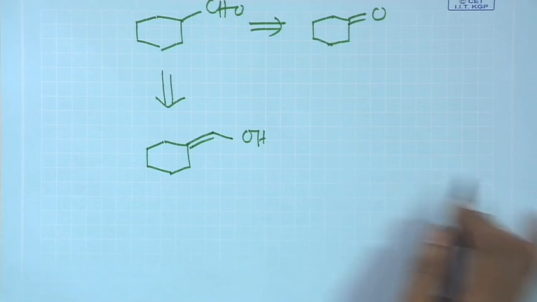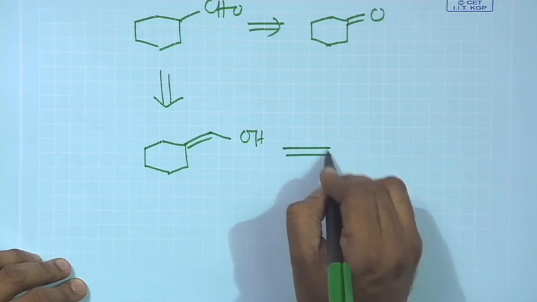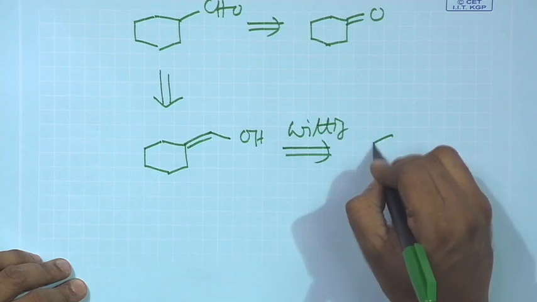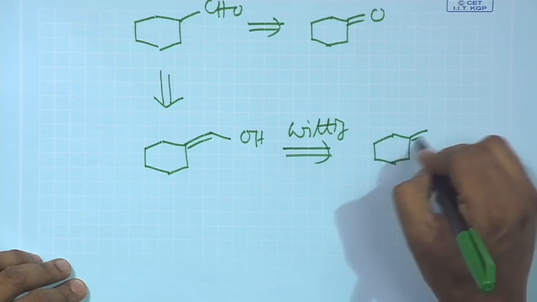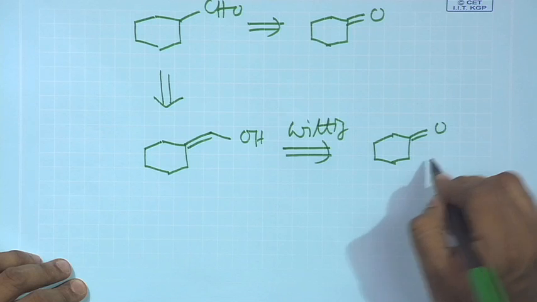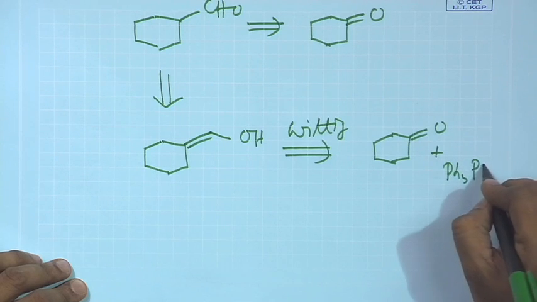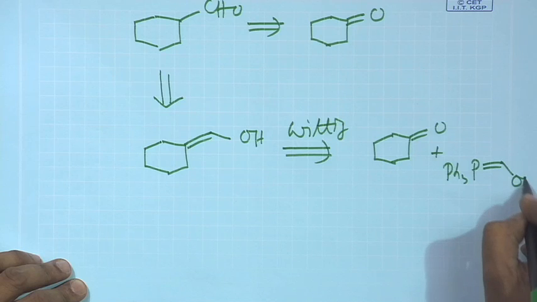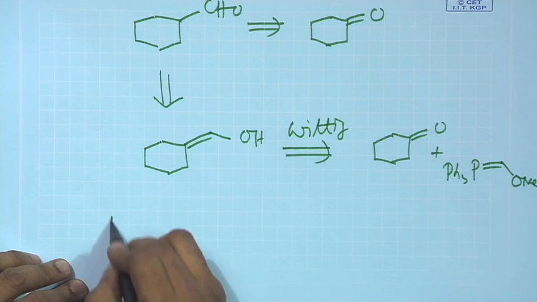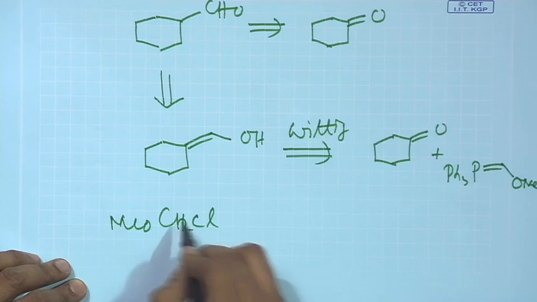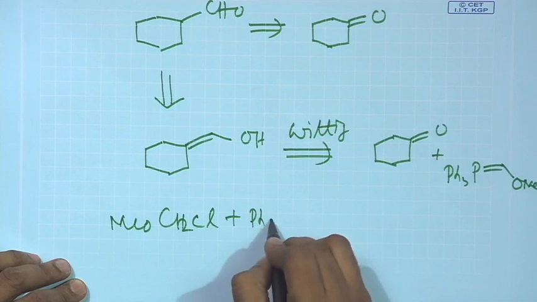Now, how can you get this vinylic alcohol? We will potentially use a Wittig transformation starting from a cyclohexanone with a Wittig ylide Ph3P double bond CHOMe. Now, this Wittig ylide can be instantly generated from a compound called methoxymethyl chloride plus triphenylphosphine.